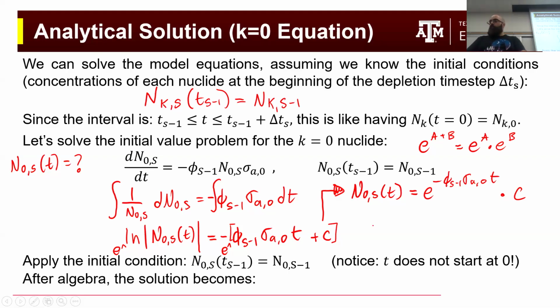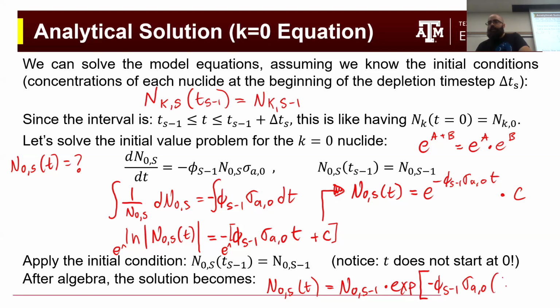So ultimately, my solution is going to look like N0s of t equals that initial concentration N0 at s minus 1, times the exponential of negative phi of s minus 1 times sigma a of 0 times the quantity t minus t at s minus 1.